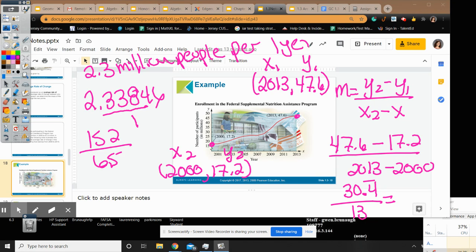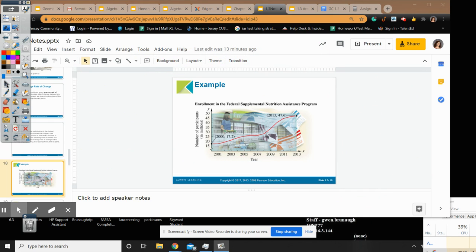And that makes a little bit more sense than this. 152 million people increase in 65 years. That doesn't make as much sense because we usually talk about the rate of change in a 1-year increment. So I think this will make a little bit more sense when talking about this particular word problem.